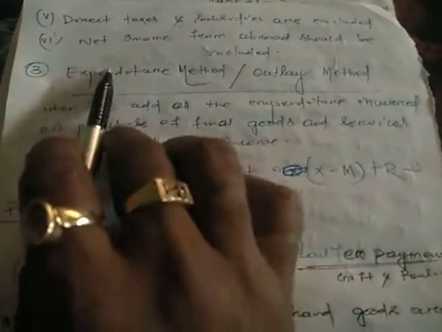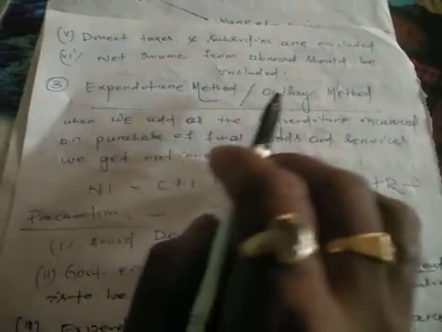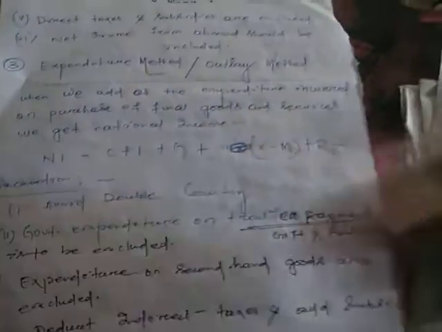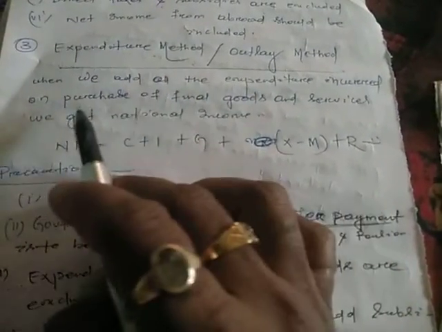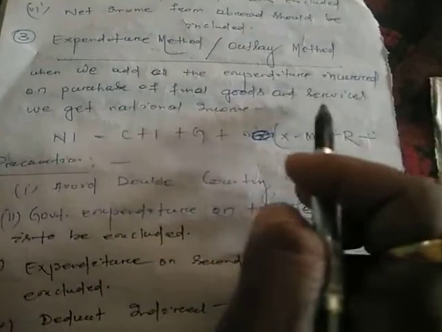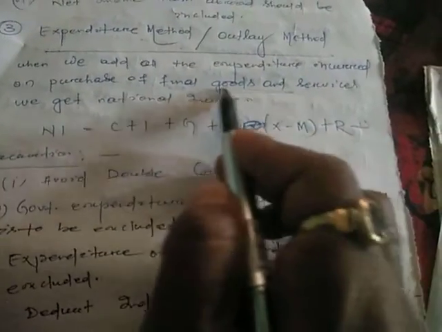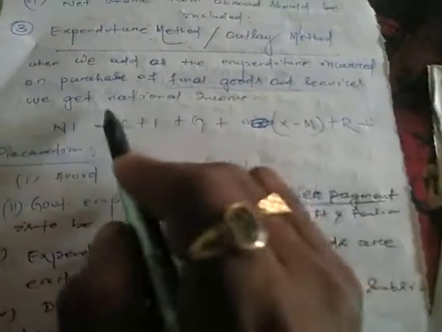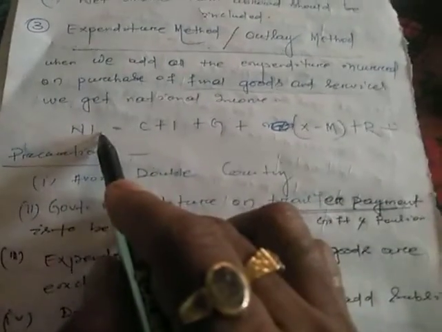Then the last method, the third method, the expenditure method, or outlay method. How to calculate national income under the expenditure method? When we add all the expenditure incurred on purchase of final goods and services, we get national income. There is a specific formula to find national income under this method.